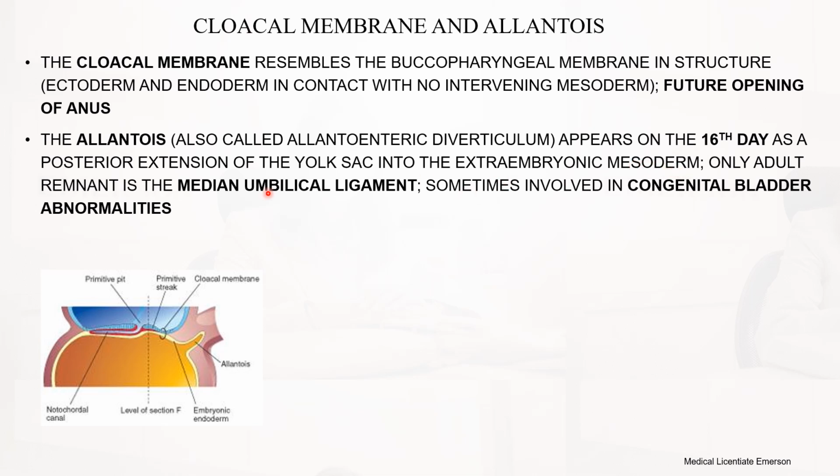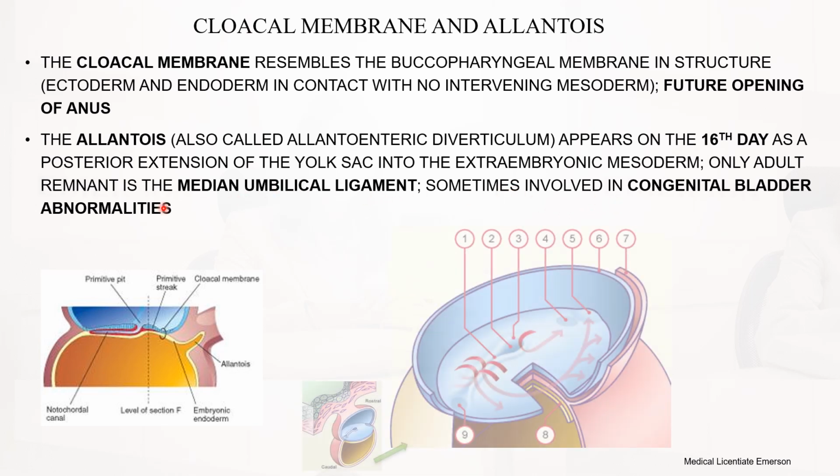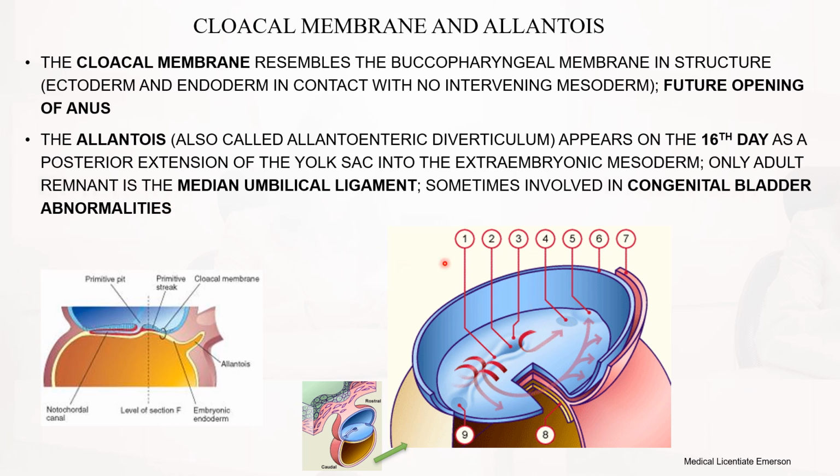In the adult, the remnant is the median umbilical ligament, sometimes involved in congenital bladder abnormalities. Those are the descriptions of the cloacal membrane and the allantois.